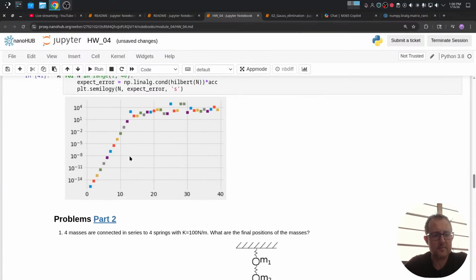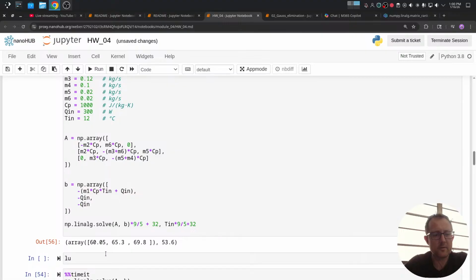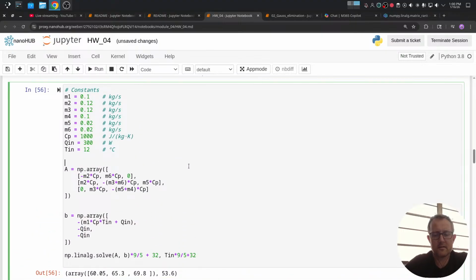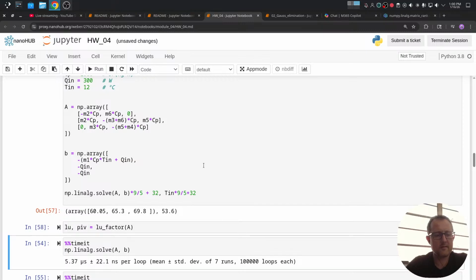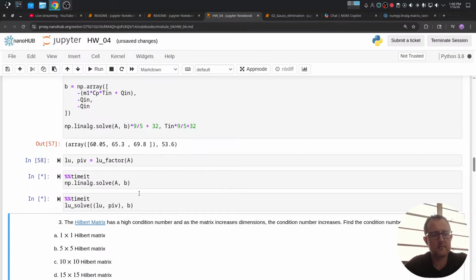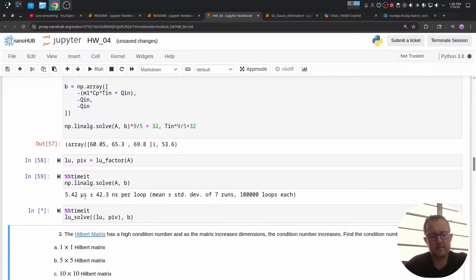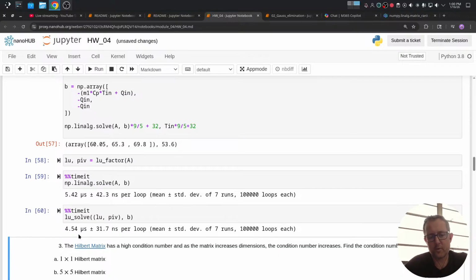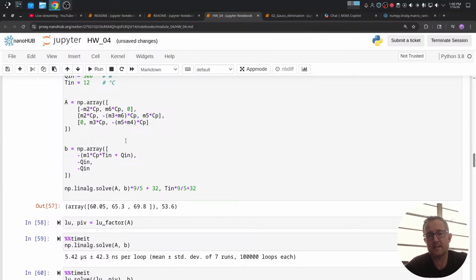I'm just going back up to this previous problem to see if it would make any difference here. Five microseconds and 4.5 microseconds. So here it's becoming more of a dense matrix.